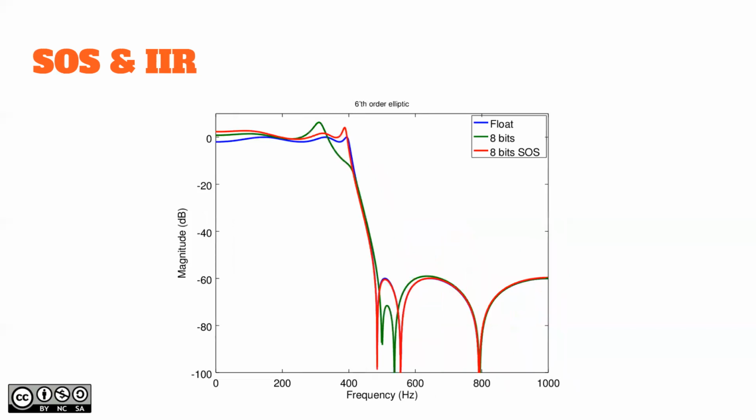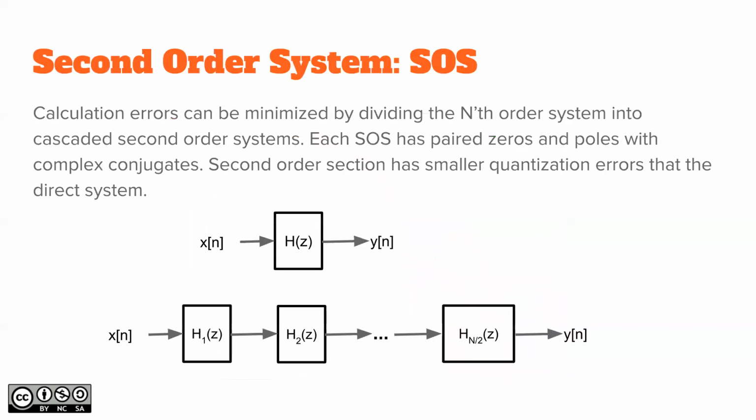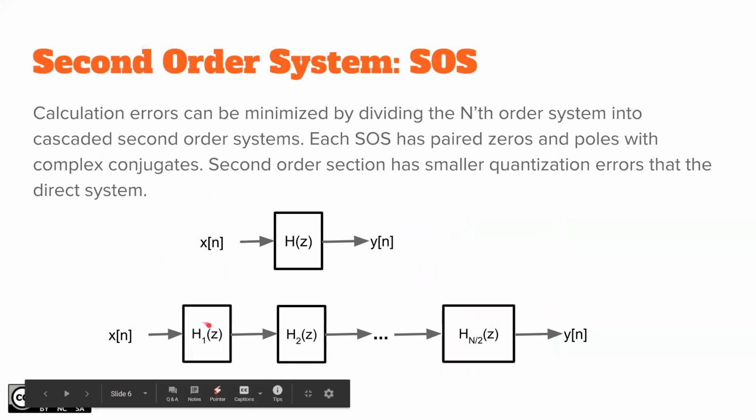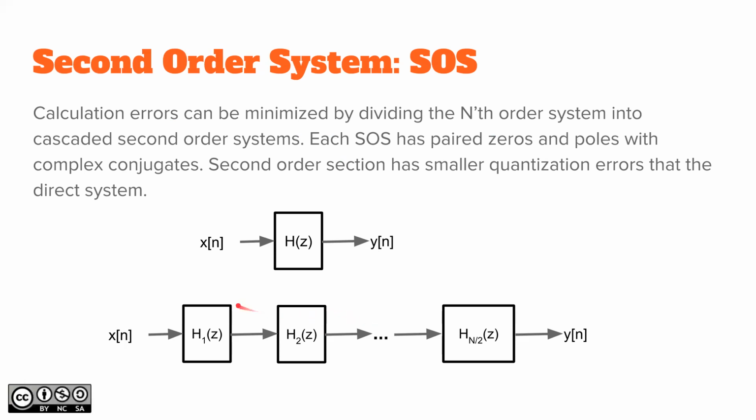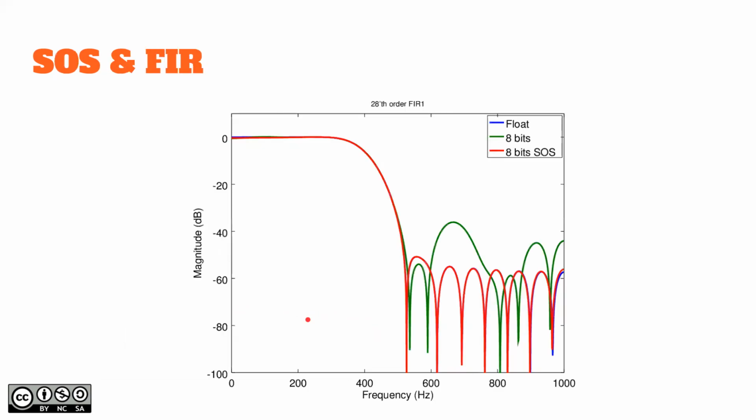On the other hand, if you have a parallel processor architecture, then you can pipeline these different stages. So for speed purposes, it might even be wise to break the FIR into second order systems.